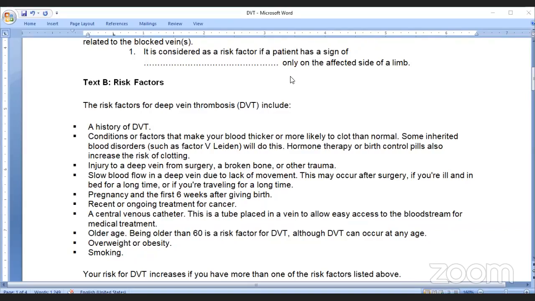It is considered a risk factor if a patient has a sign of dash only on the affected side of the limb. Please, just write in the chat. So once I invite one of you, you can participate definitely. So let other people think. Let them try to answer.